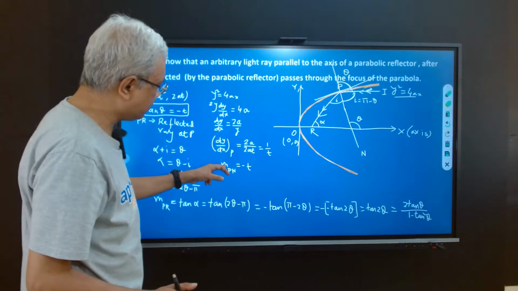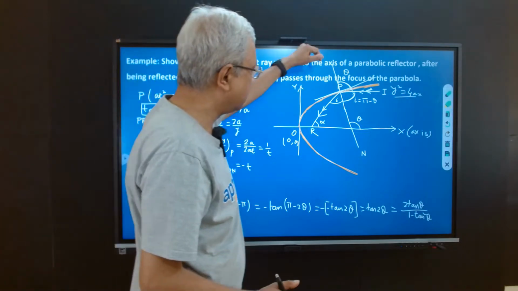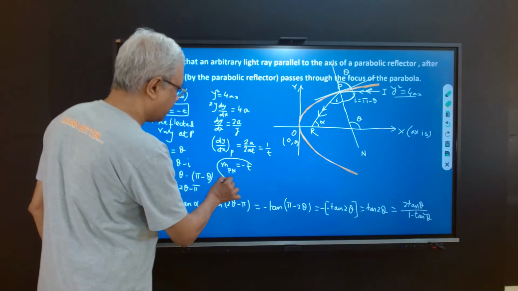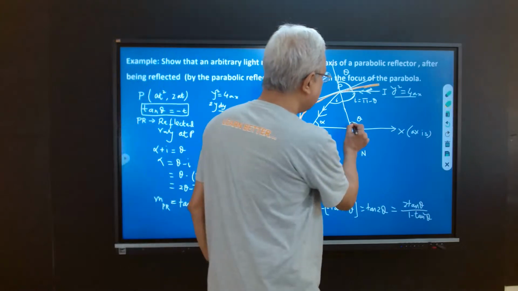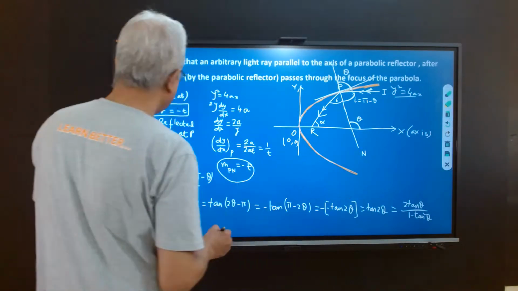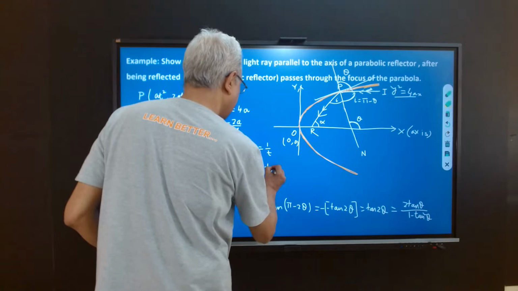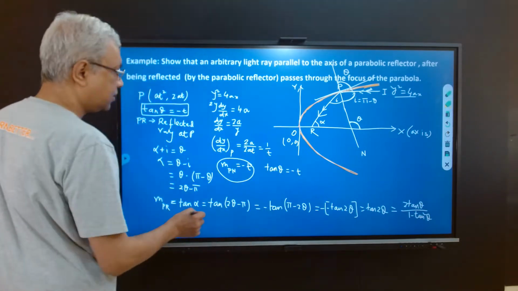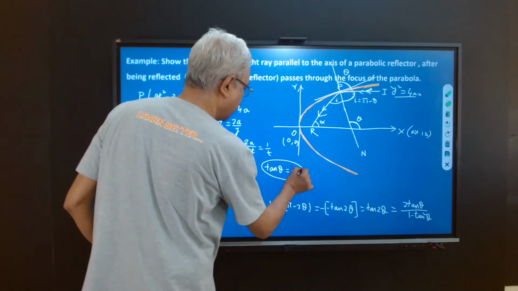So MPN, that is the gradient of the normal at point P, is minus t. If this angle is theta, then definitely tan theta is minus t. Here it is not plus t, it is minus t.